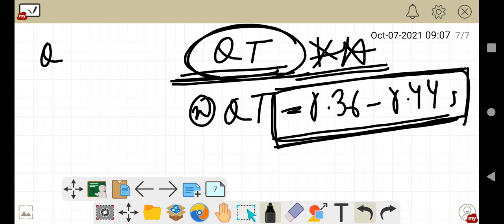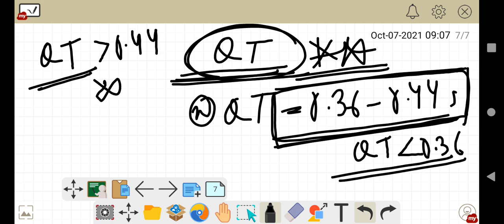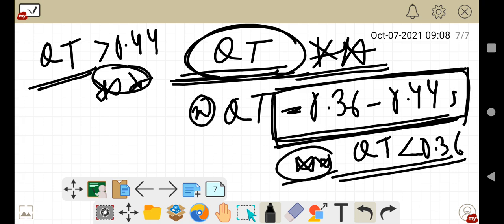What are the conditions when QT will be prolonged, that is more than 0.44, or what are the conditions where QT will be reduced, that is less than 0.36? These are important, guys. This has been asked so many times.